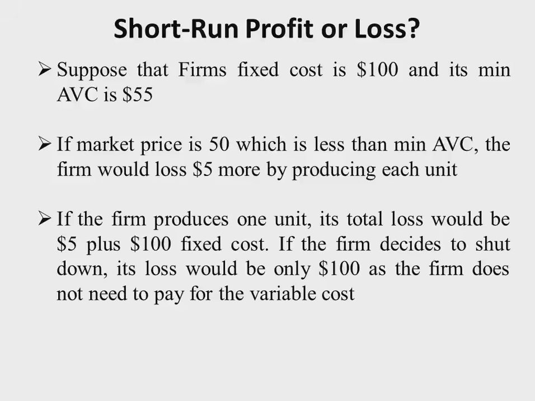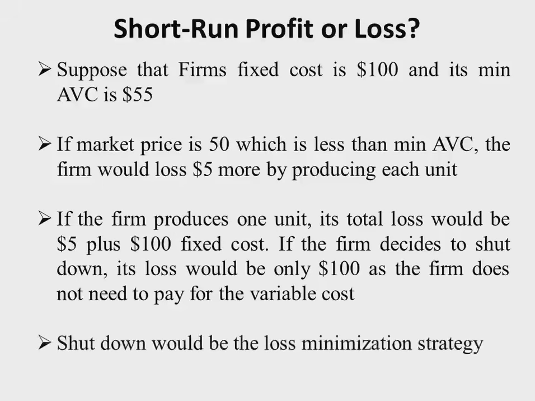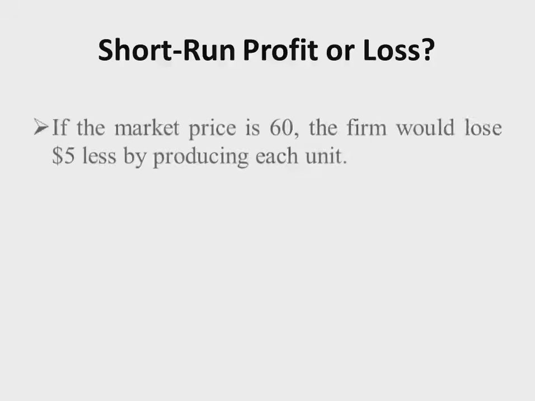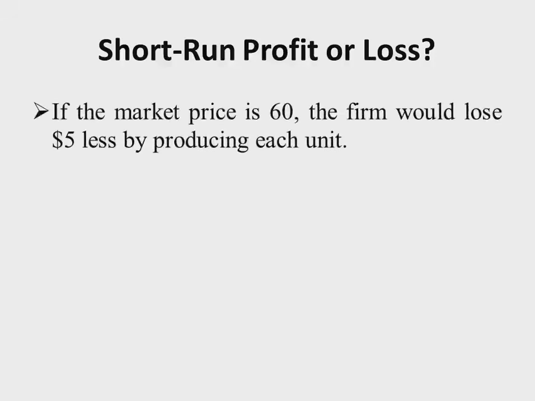If the firm decides to shut down, remember, its losses will only be $100. Okay. Now, shutdown would then minimize the losses for the firm, and therefore it is called the loss minimizing strategy for a given firm.